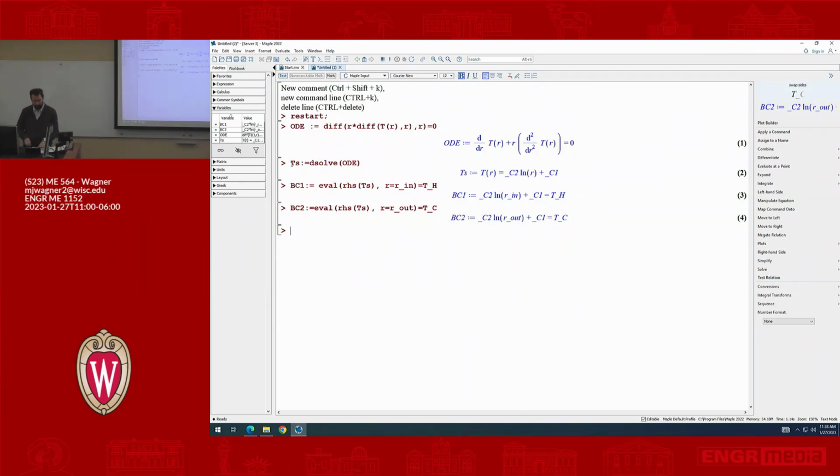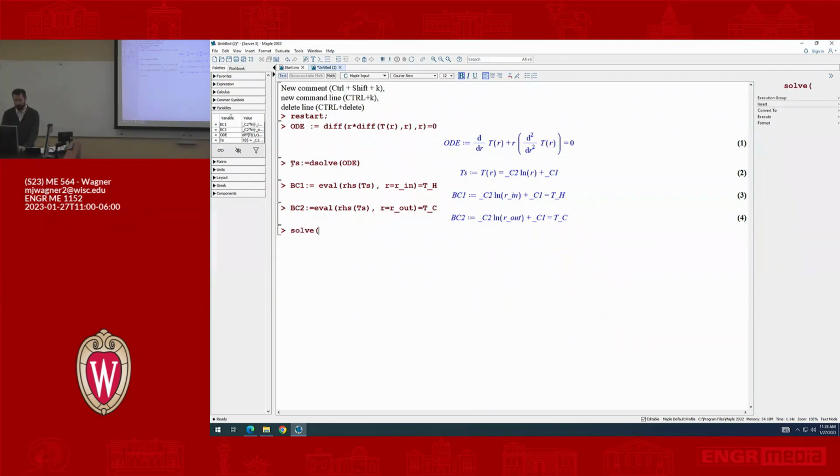All right, so the way to do that is we have this command called solve. And the arguments of solve are going to be the equations that we want to solve and then the unknowns that we're solving for. The way that you specify more than one equation is using the curly braces. Right? So we have curly braces here for the equations that we're going to solve, and then we have a second set of curly braces that's going to contain the constants or the variables that we want to solve for.